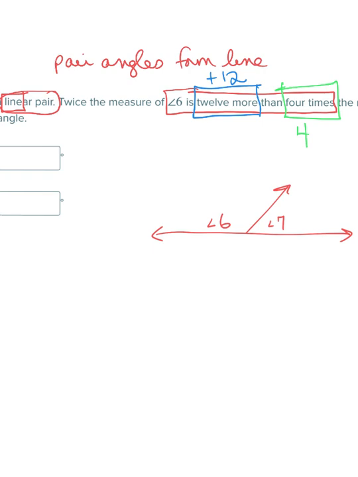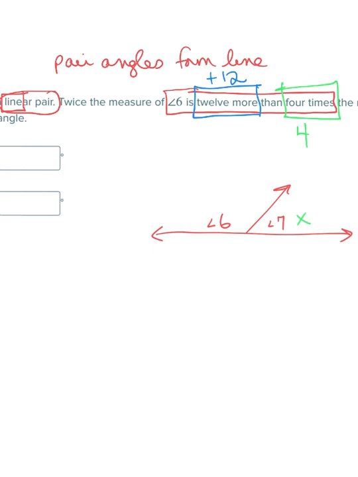Well, 4 times what? 4 times angle 7. We don't know what angle 7 is, so I can label angle 7 with just the variable x, or n, or t, or whatever letter you prefer.